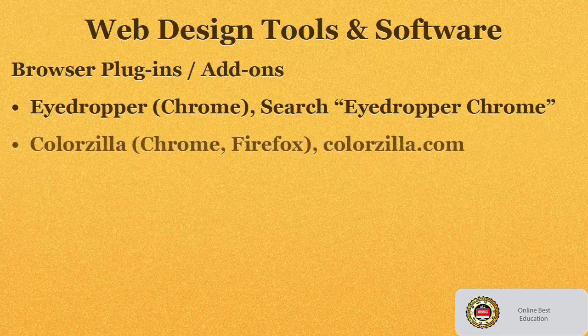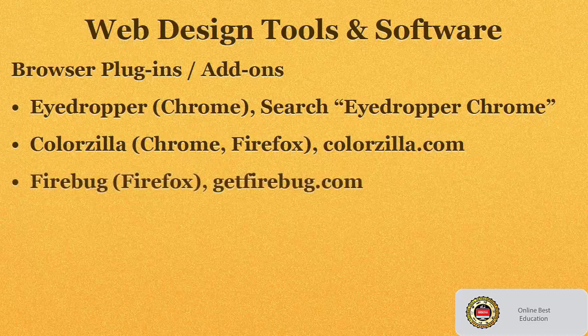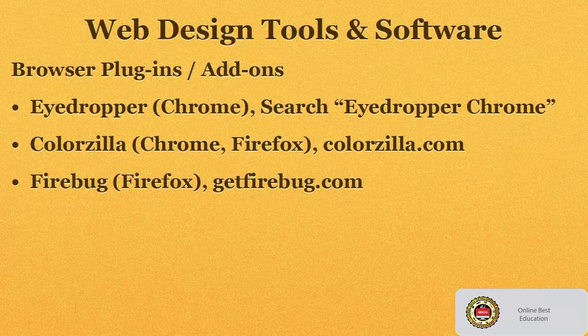Okay? All right. Here's another one that I use, Colorzilla. Very popular add-on or plugin for both Chrome and Firefox, of course, as the name implies, related to working with color in web design. We also have Firebug, which I can't recommend enough. This is a plugin for Firefox, and you can go and grab this guy over at getfirebug.com. This guy will let you dissect web pages and see what's going on inside the code.